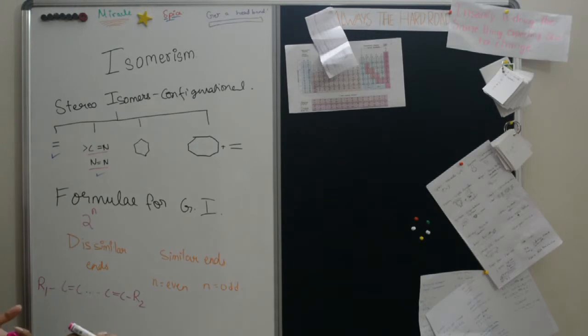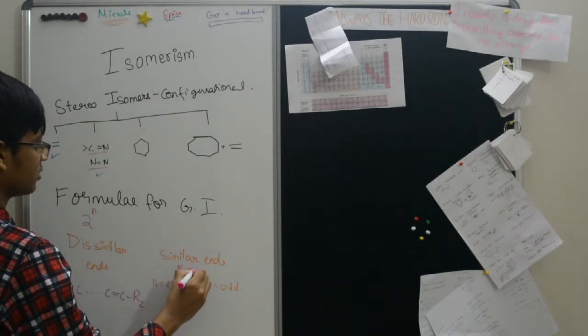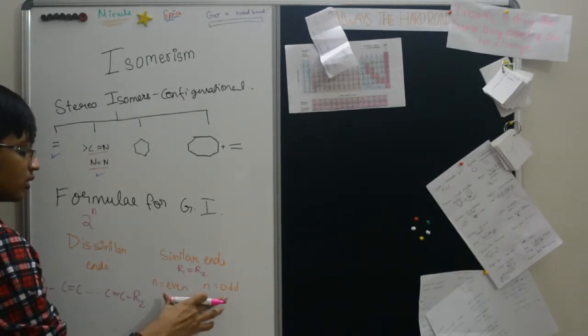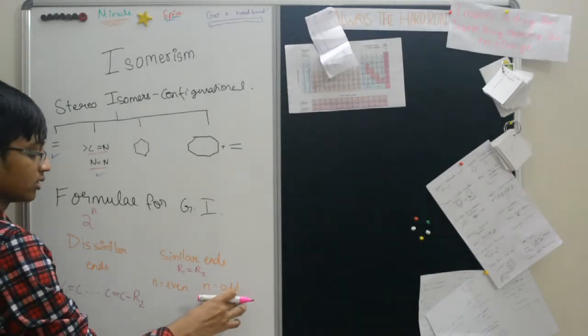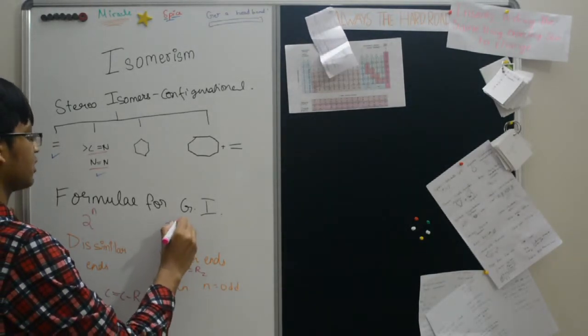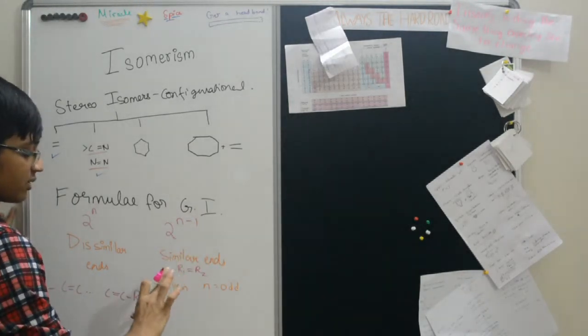However, what if R1 and R2 are equal? Then you get similar ends. And here there are two cases. You have n equal to even and the other n equal to odd. And in this, one thing is common: it will always exhibit 2 to the power of n minus 1 isomers.